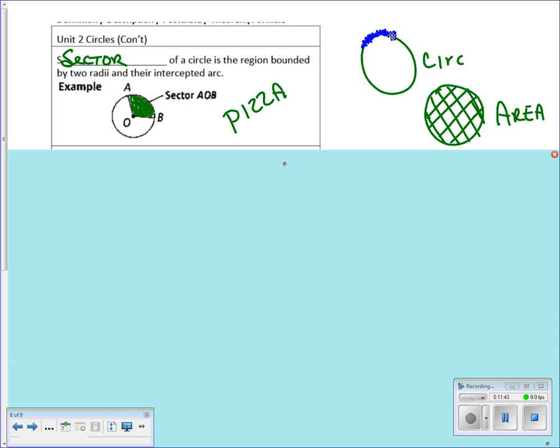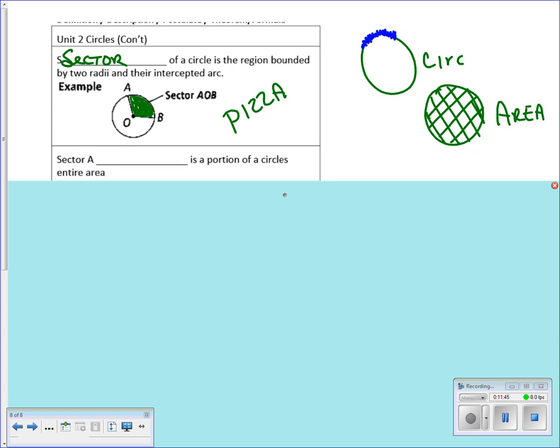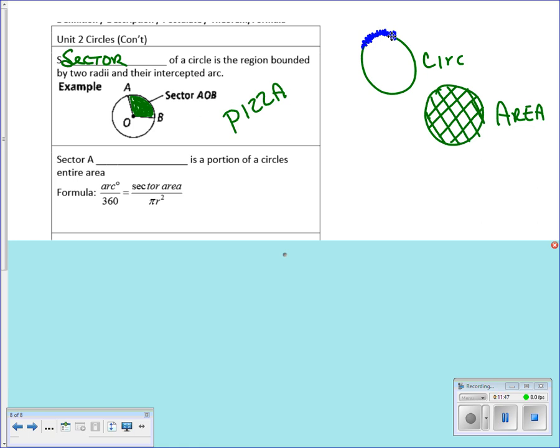Now this next thing I'm asking you, what is the area of just a piece of pizza from the whole pizza? This is called sector area. And that's the formula that you'll use to calculate the sector area. Put that as well on your formula sheet.